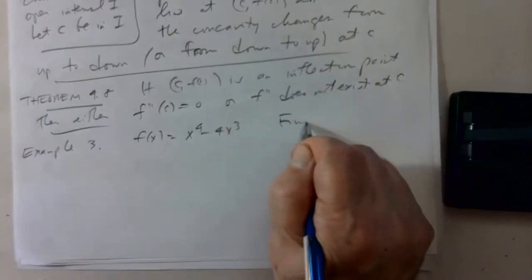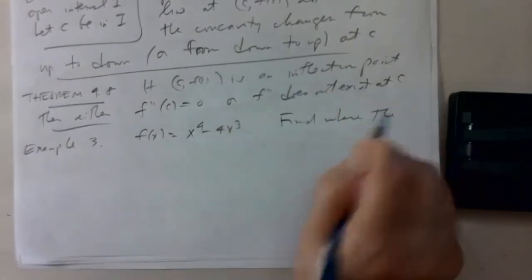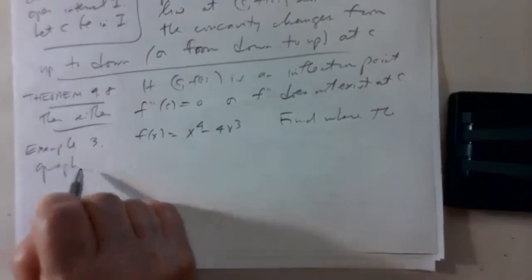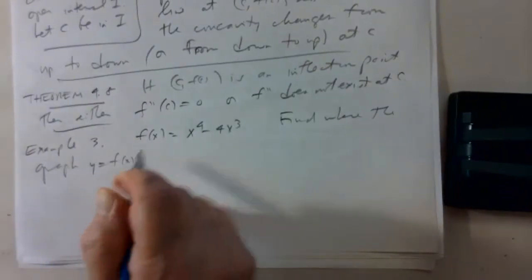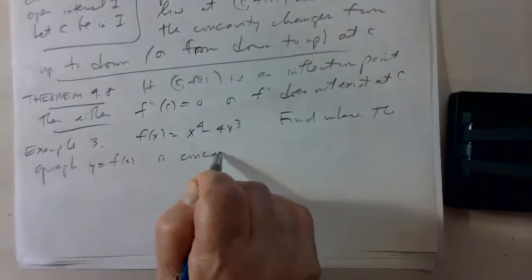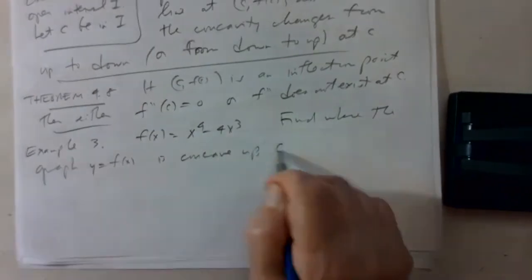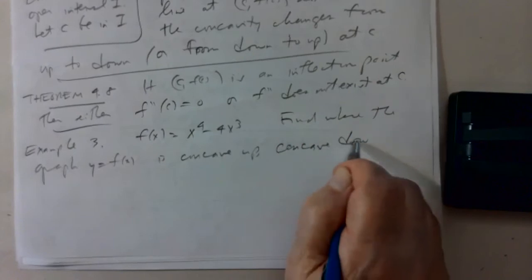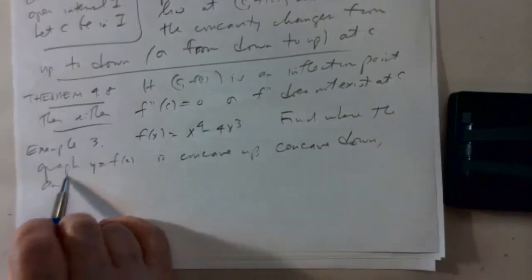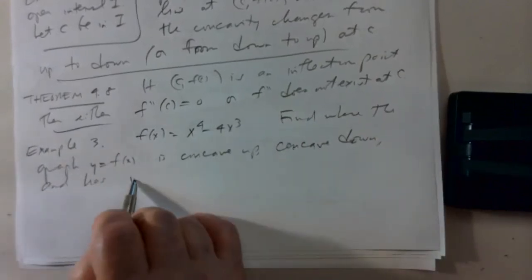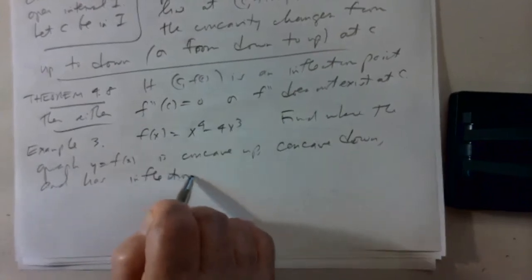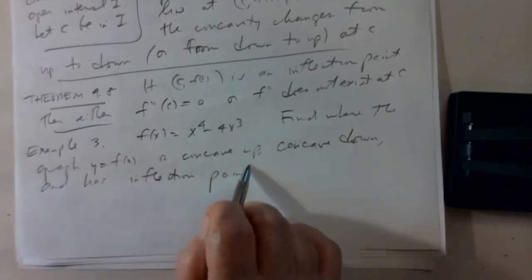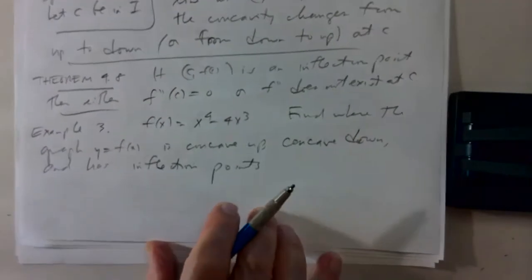So let's find where the graph y equals f of x is concave up, concave down, and has inflection points.